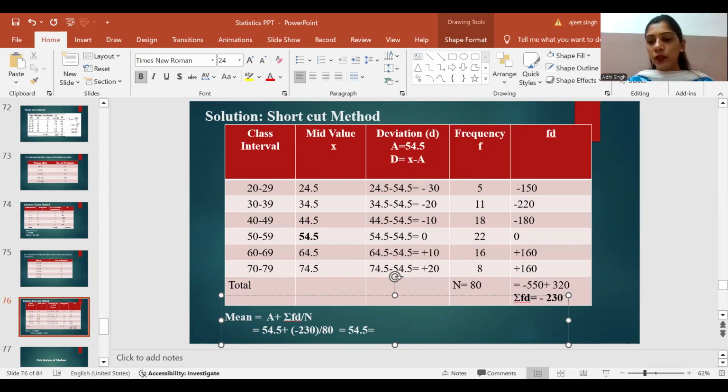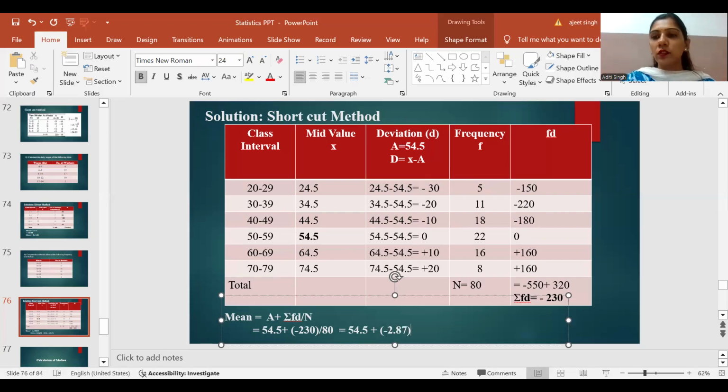First calculate this value, 230 divided by 80. As this value is in minus, first put the sign of minus, as 230 is given in minus. So minus 230 divided by 80. The answer will come 2.87.